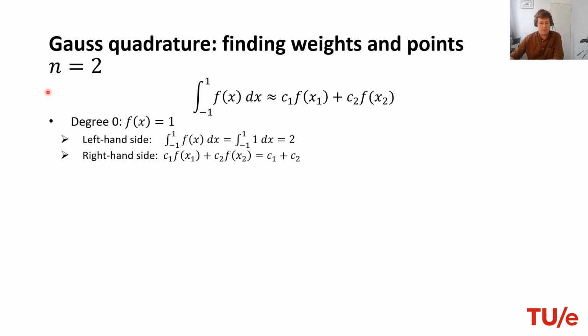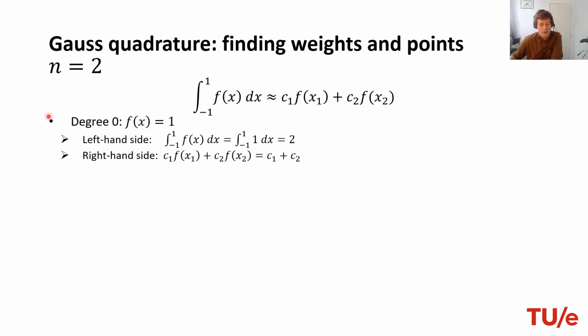But we can follow the same procedure. So we want that this integration is exact for polynomials up to a degree of 2 times n minus 1. So that will be polynomials of degree 0 or constants, polynomials of degree 1 or lines, polynomials of degree 2 or quadratic functions, and finally polynomials of the degree 3, so cubic polynomials.